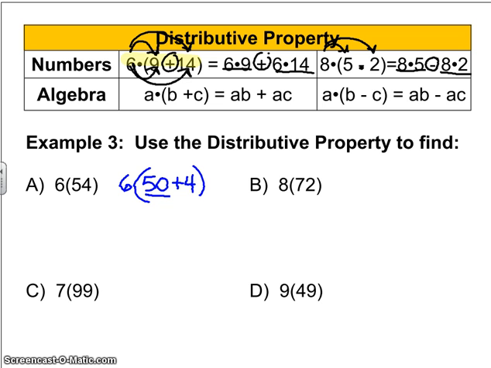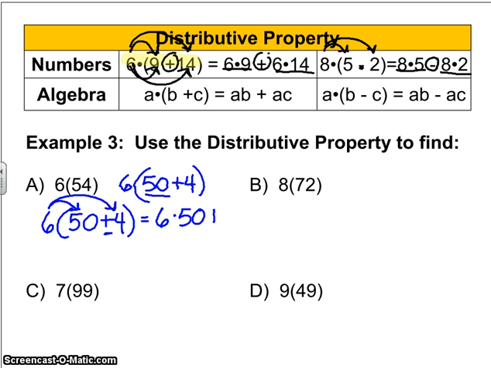So let's use the distributive property here to solve. Again, we're going to take that outside value and multiply it across both values that are inside the parentheses, and we would get 6 times 50, and then we're adding 6 times 4.